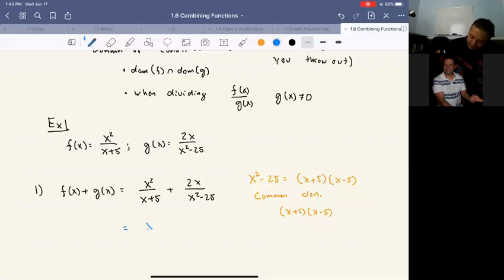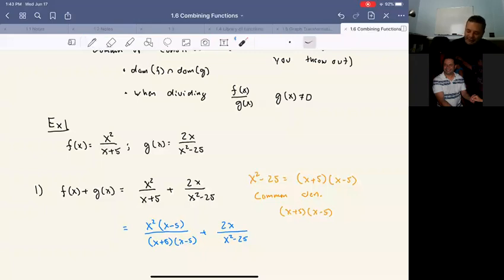So x squared times x minus 5 over x plus 5, x minus 5, plus 2x, and I'm going to write that as x squared minus 25. It doesn't really change, they're the same thing.